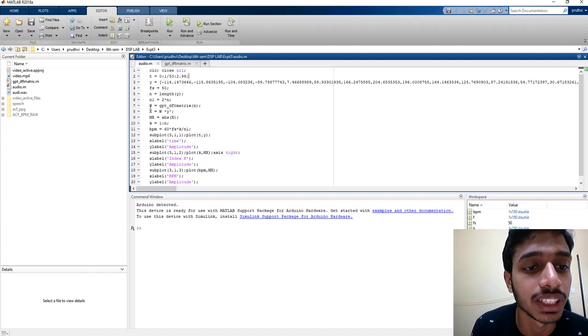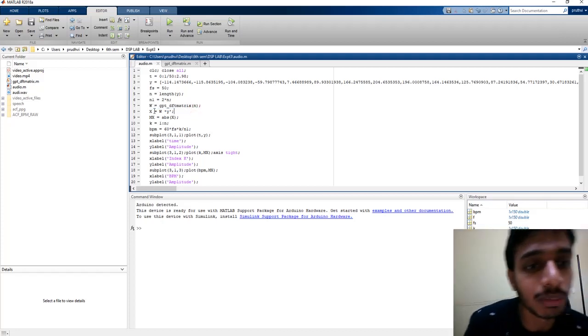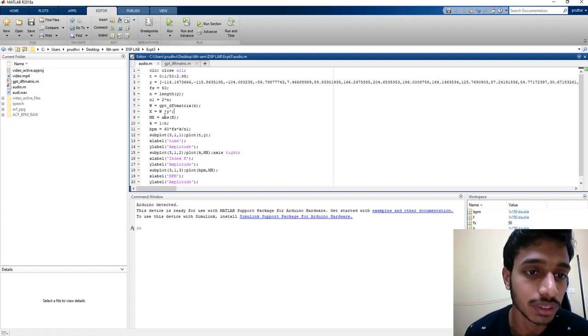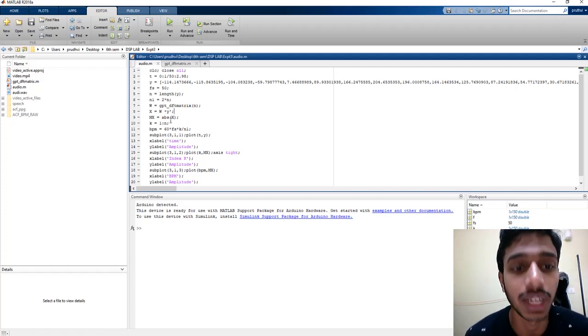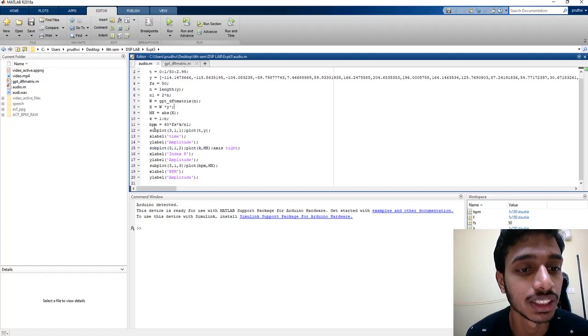I'll be computing the DFT matrix using this n, and finally multiplying my input signal with the matrix, taking the absolute of it in order to get the magnitude. Finally, beats per minute is nothing but 60 into fs into k divided by the length.